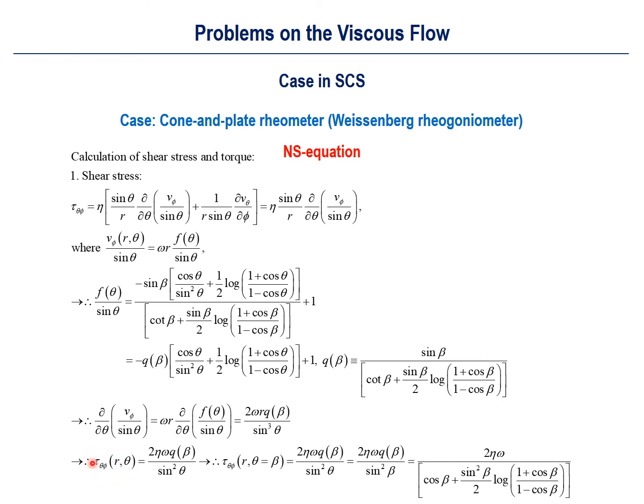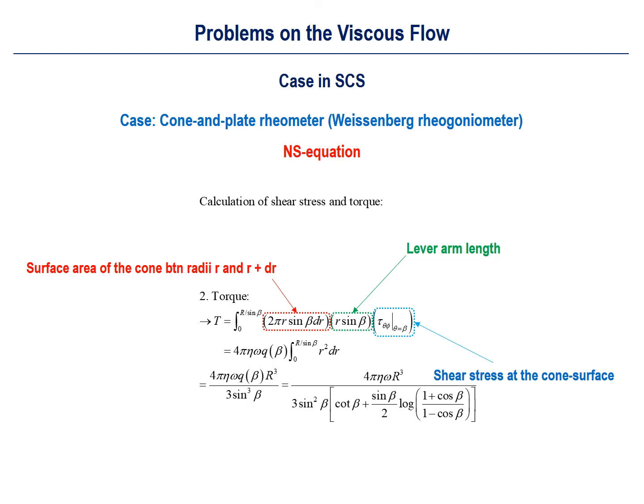But it is not always possible to measure the shear stress. So instead of the shear stress, we can measure another mechanical property such as torque. So using torque, we can calculate the viscosity. Okay, how can we derive the torque from the shear stress?